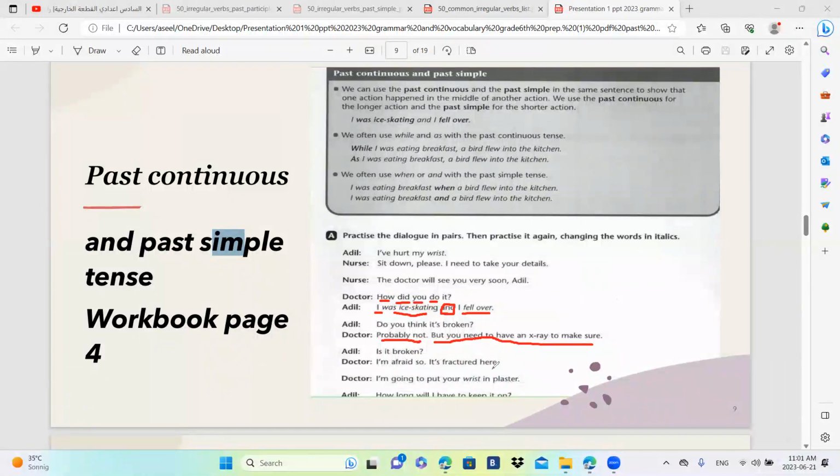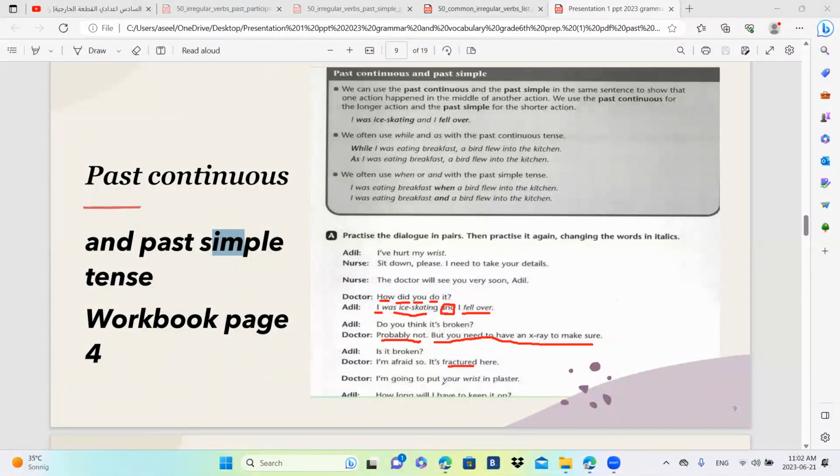So after taking the X-ray, Adel asked the doctor, is it broken? The doctor said, I'm afraid so. It is fractured here.